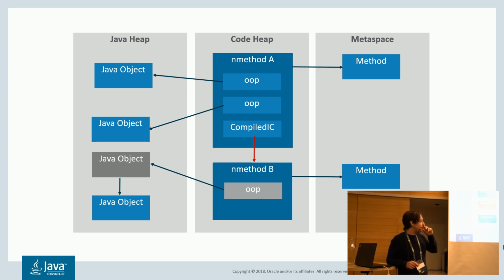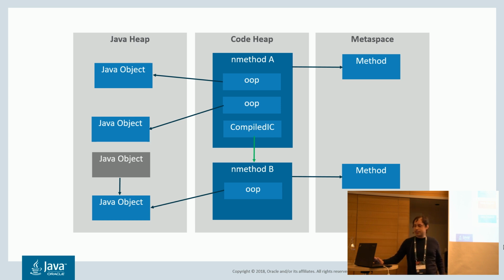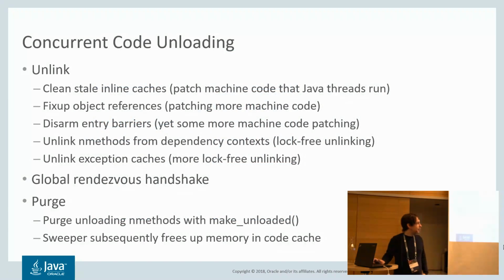We patch them up, patch the machine code, and disarm the barrier, and we're good to go. And the subsequent calls into this method through that inline cache will get there without calling that barrier.